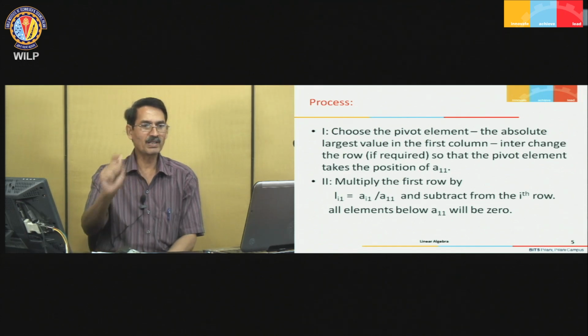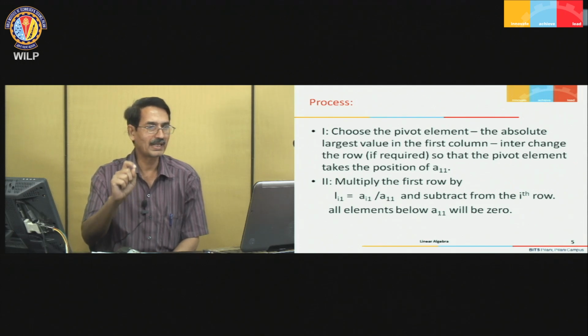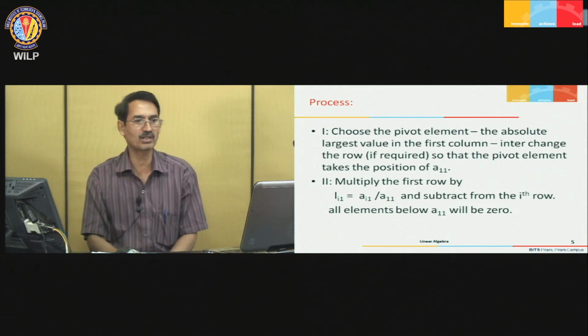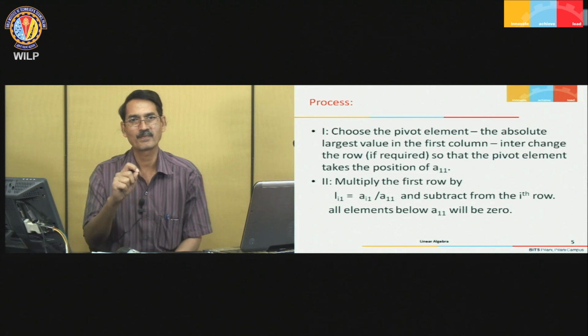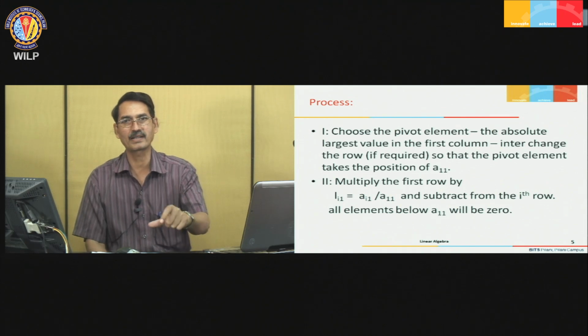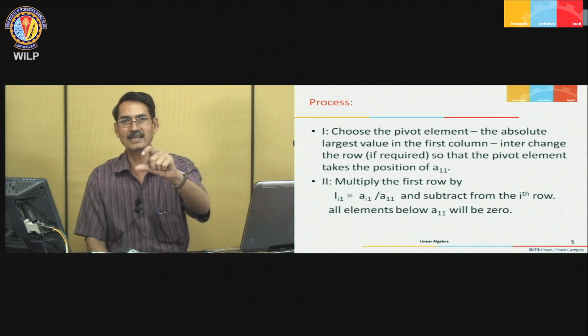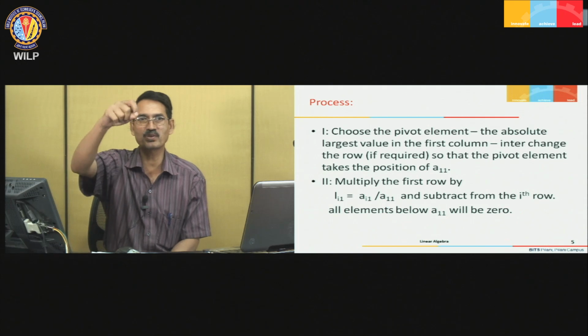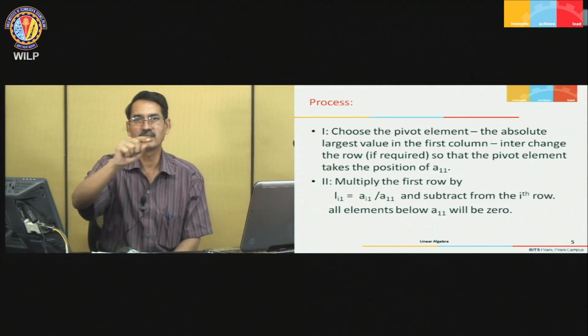So, choose as the pivot element the absolute largest value in the first column of the matrix B, and if required we can interchange the rows. What is the meaning of if required? Interchange the rows so that the pivot element comes at the first position, where A11 is sitting, means the first column at the first row.